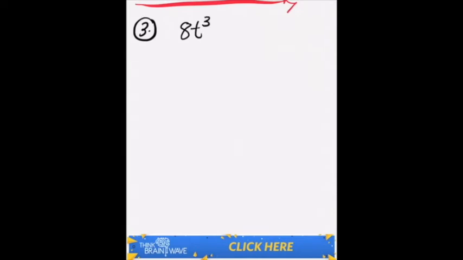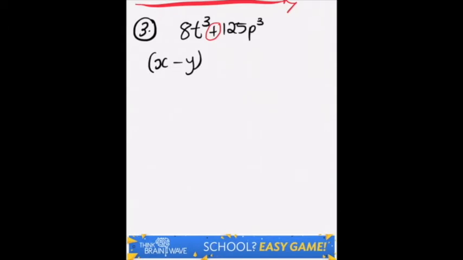Right, let's do another one. It's 8t cubed plus 125p cubed. We then need to get our terms into their prime state. 8 would be 2 cubed. There's a plus sign as well, which means you would have x plus y, then x squared minus xy plus y squared.